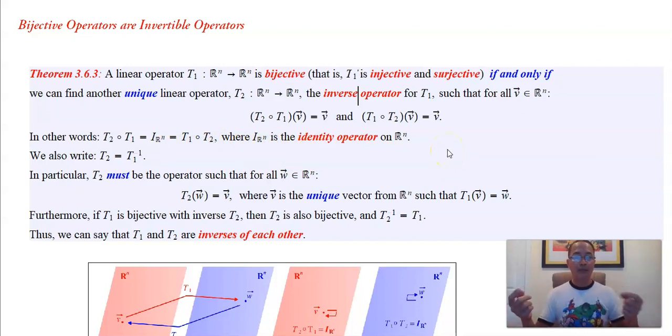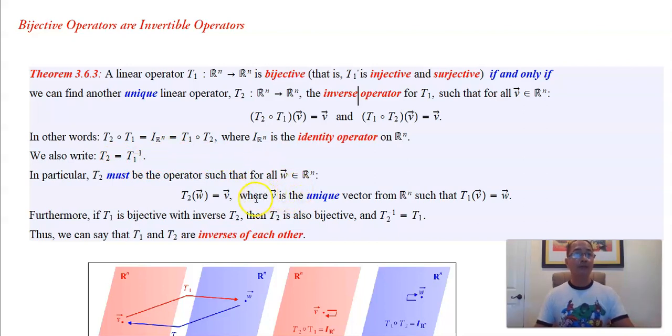Now, when we did the general theorem, we had the identity on A and the identity on B. But because we have an operator, A and B are the same set. So we don't need to have two different symbols. They have to be the same symbol, the identity on Rn. So we also write, of course, that T2 is T1 inverse.